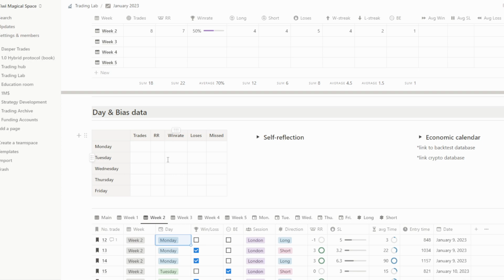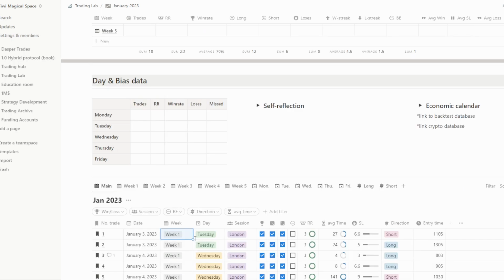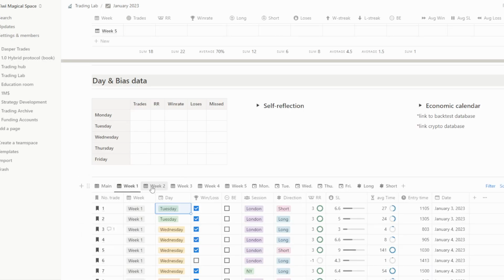I also compare which was my strongest and weakest week, and the days here as well. So basically I'm tracking all the things that you're seeing here, but also because you can add to Notion a little bit different point of view, you can actually create a lot of these things.